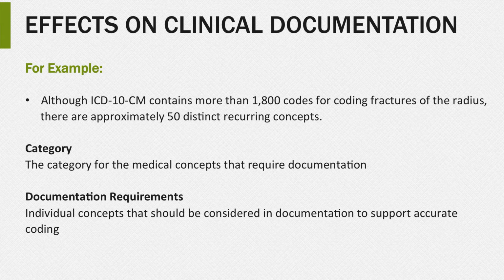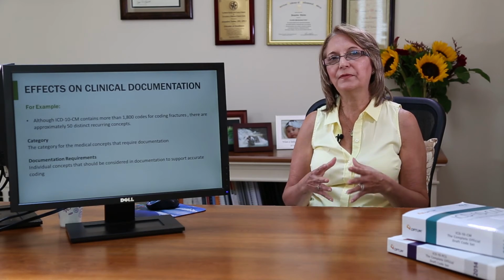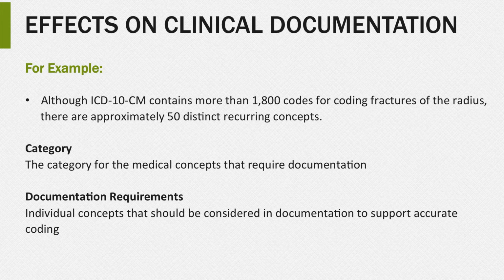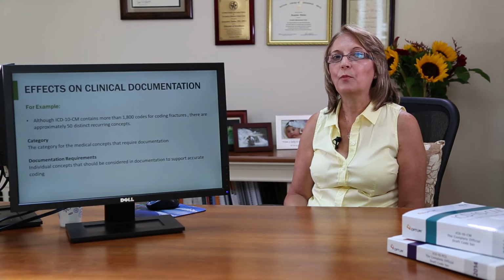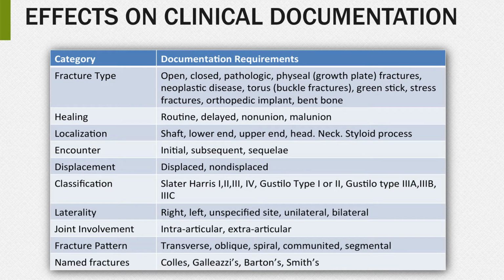Although ICD-10 contains 1,800 codes for fractures, there are approximately 50 different recurring concepts. They are the category and documentation requirements. Let's take a closer look at what is required. So this slide lists a table, and it talks about the different categories.